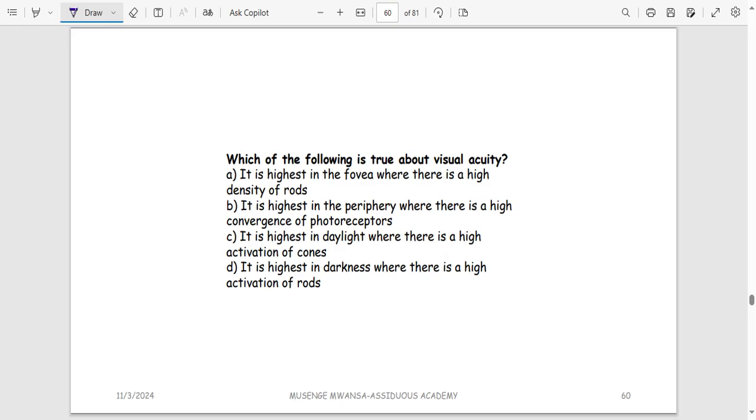Highest in daylight where there is a high activation of cones. It is highest in dark where there is a high activation of rods. Anyone? Anyone with a different option? We are good, right? Okay.